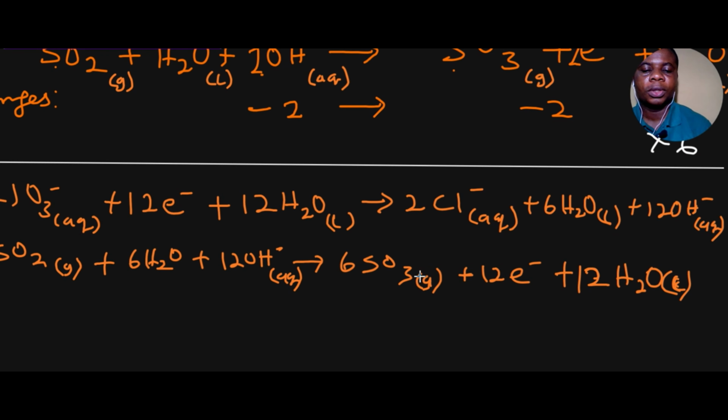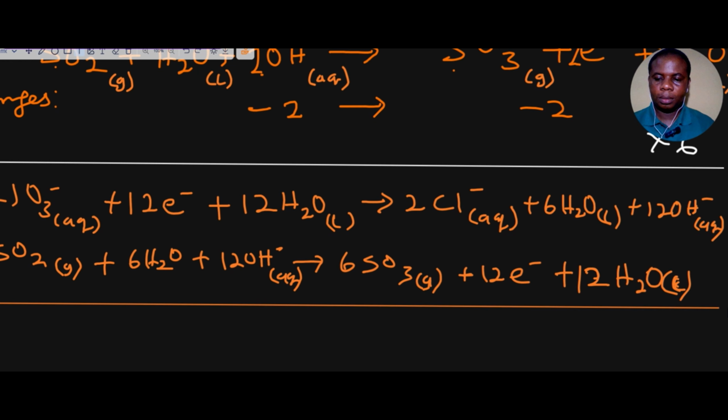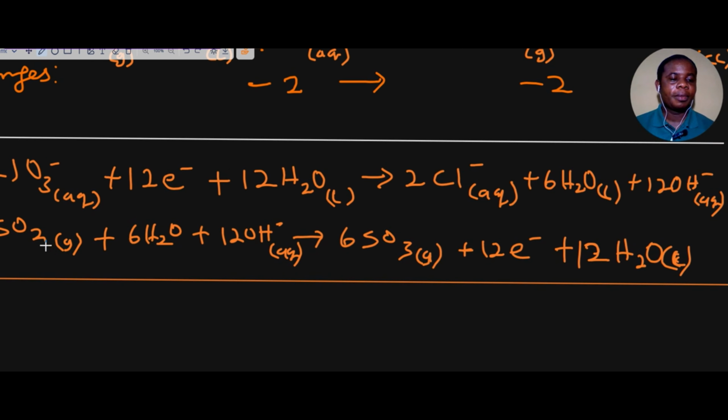So now that the electrons are multiplied by the coefficient of electrons, the next thing to do is to add the two equations. So what I will do here is I have this being added to this, or from here I can even decide to cancel the electrons.